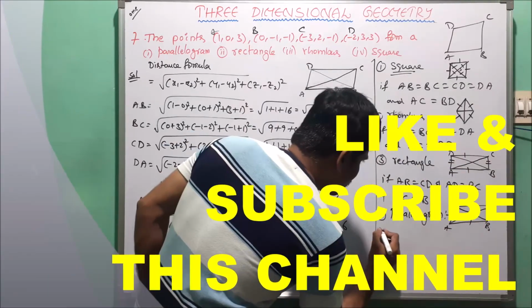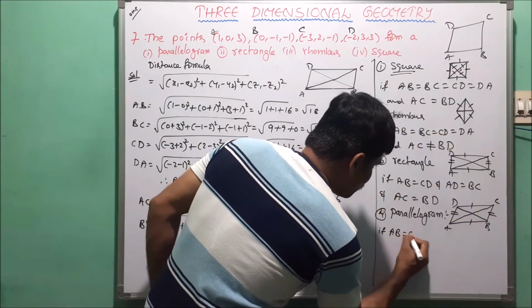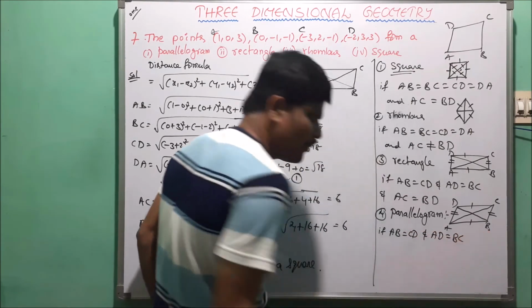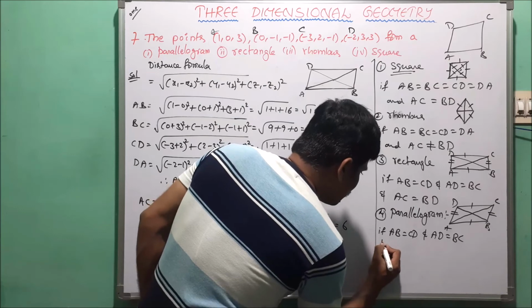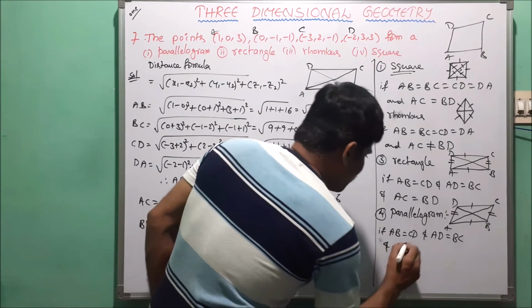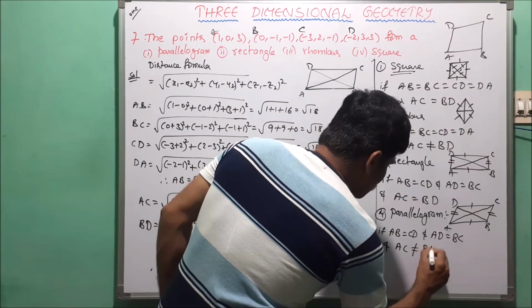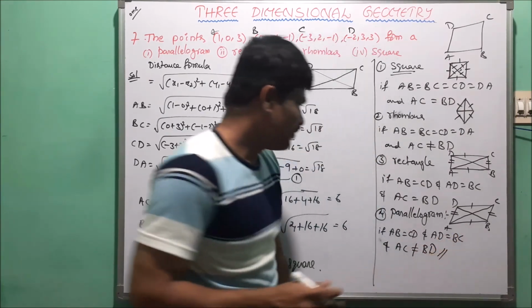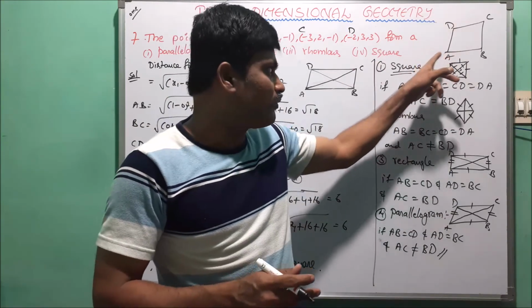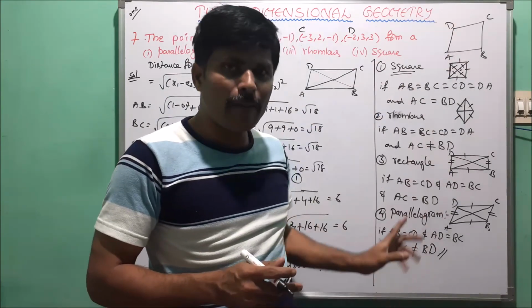If AB equal to CD and AD equal to BC, opposite sides are equal, and the second condition, AC is not equal to BD. So if these two conditions hold, the given points ABCD form a parallelogram.